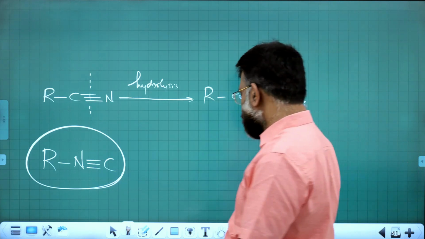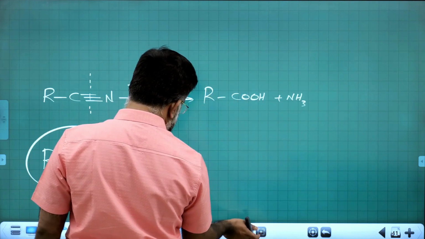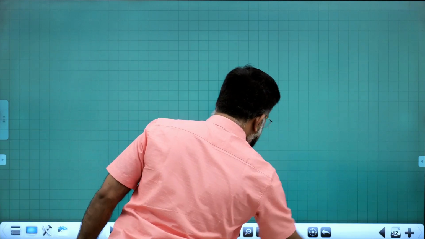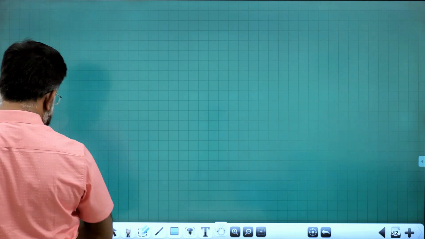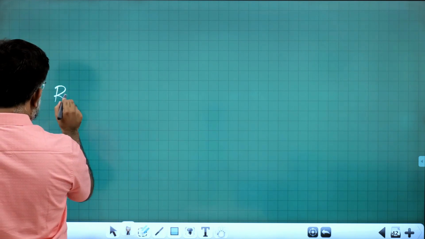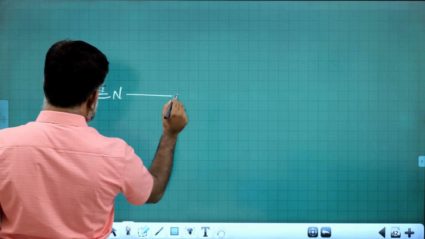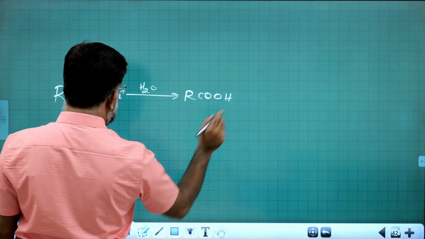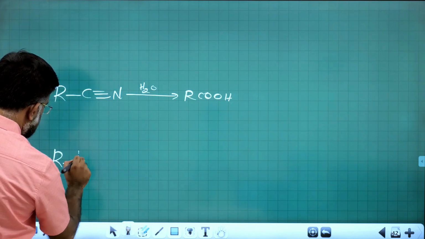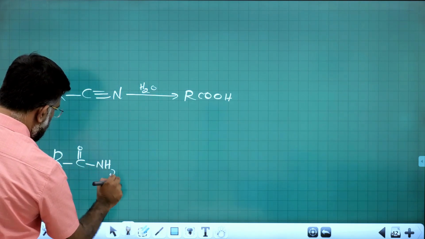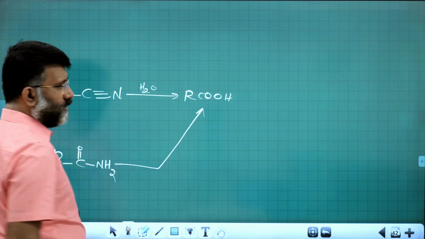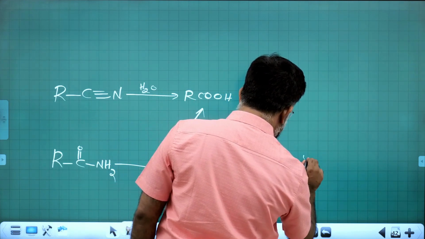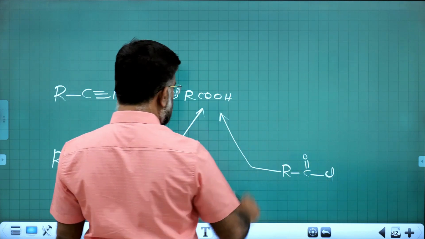Similarly, almost all acids and derivatives can be converted to carboxylic acid by hydrolysis. As we have already discussed, RCN upon hydrolysis, you get RCOOH. You can take RCONH2, acid amide. Upon hydrolysis, you get carboxylic acid. You take acid chloride, upon hydrolysis, you get carboxylic acid.